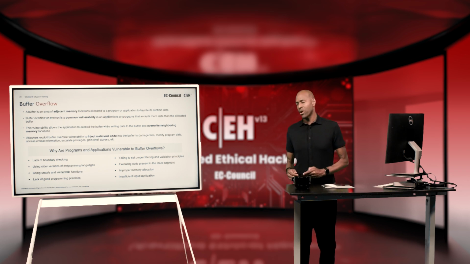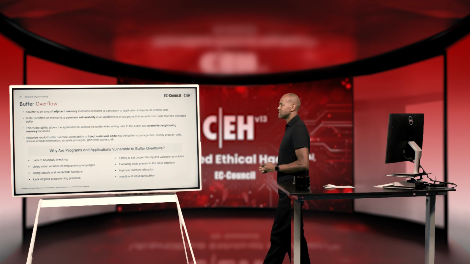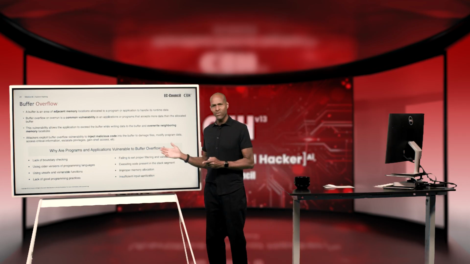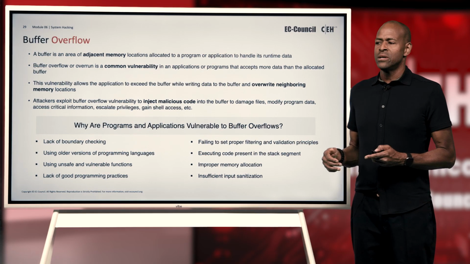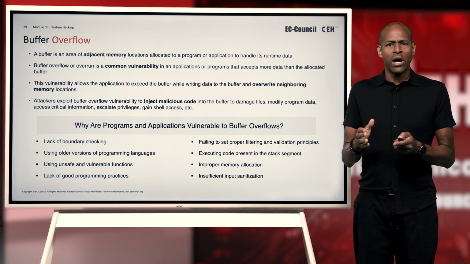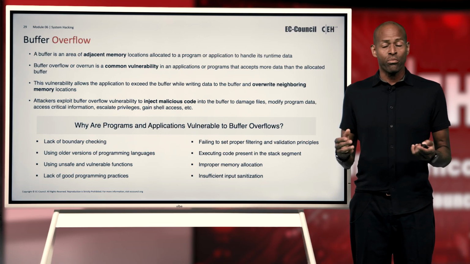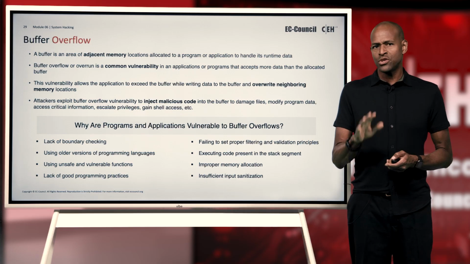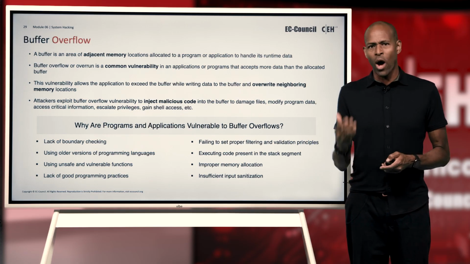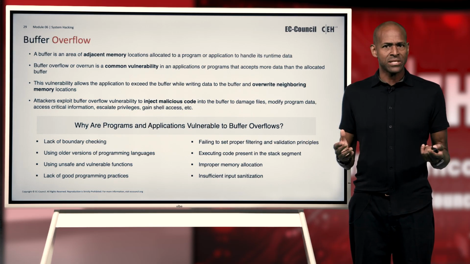Let's have a look and see what we're going to be talking about in this section. First of all, what is a buffer? When you run a binary, so it's an executable, some type of program that runs, it requires two major items. Number one is CPU access.